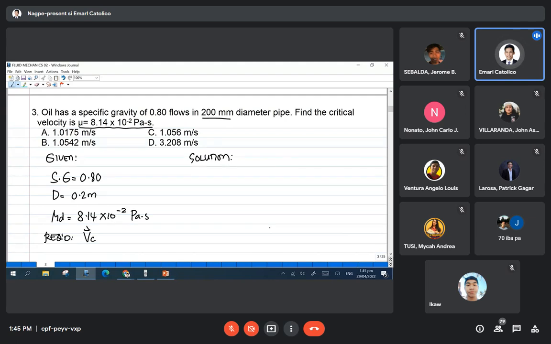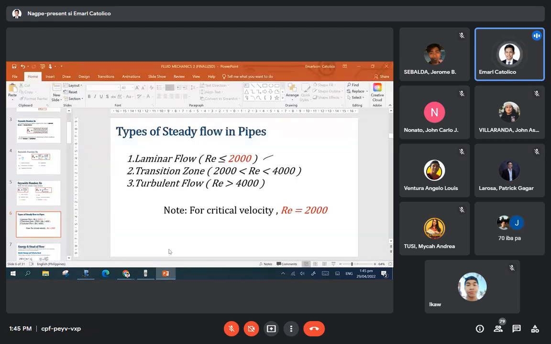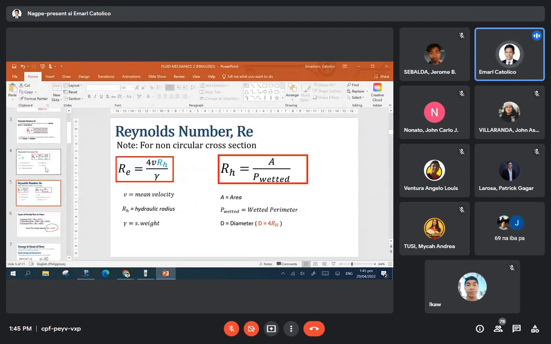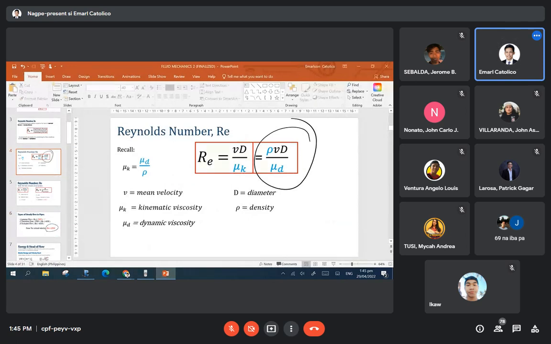So let us go back to our concepts. For critical velocity, the Reynolds number is automatically equal to 2,000. So we will use the formula of the Reynolds number in terms of dynamic viscosity: density times mean velocity times diameter over dynamic viscosity.